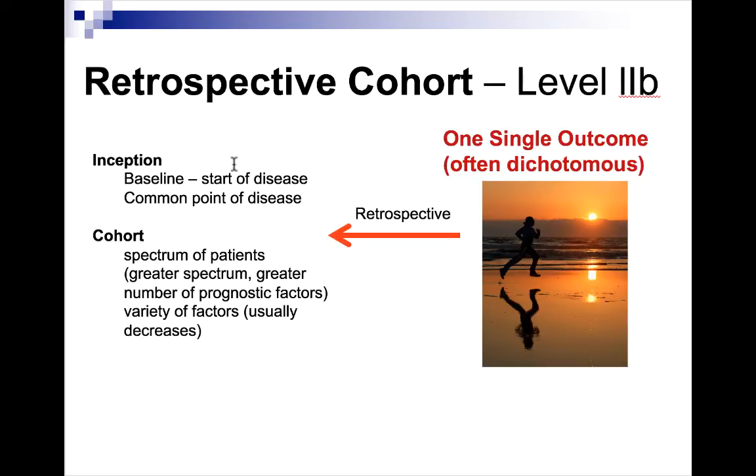So then a retrospective or level 2B study is we're usually mining a database, which is the most common way this is going to be performed, and it's a very common way of approaching prognosis. And what we need to do then is look back in time and try to find a common inception point. And so a preoperative clinic visit is a great inception point for looking at surgical data.